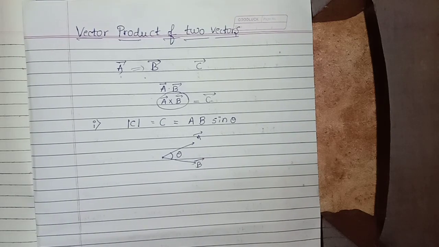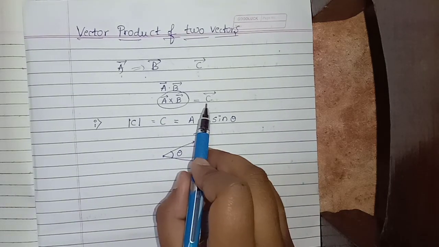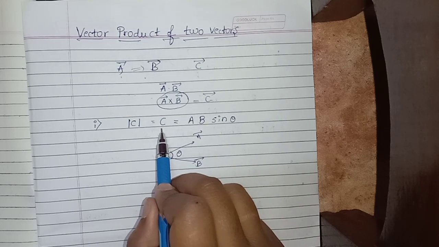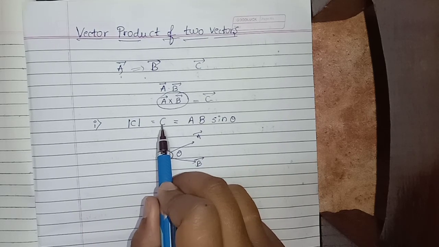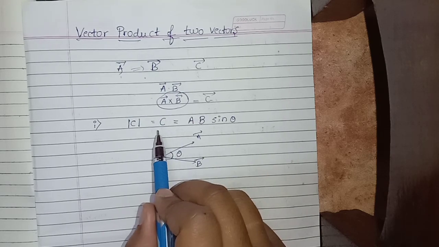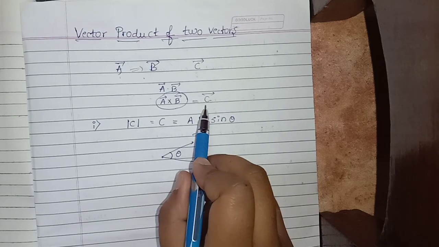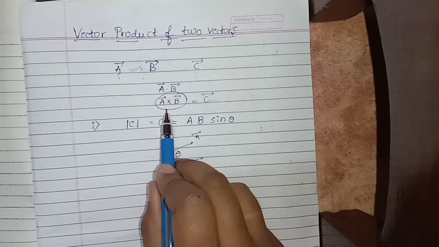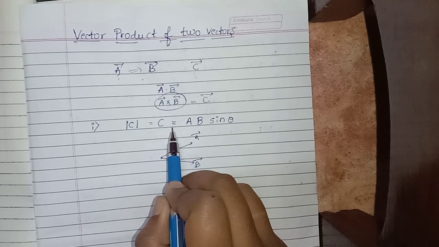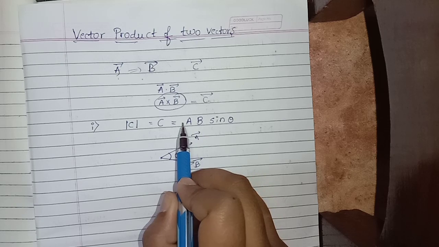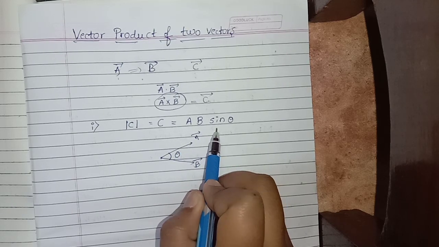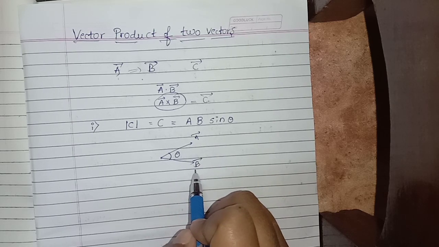They are asking only for the magnitude of C, not direction, hence I have written only C, A and B. So if C is the vector product of A and B, then the magnitude of C is equal to the product of the magnitudes of A and B and the sine of the angle between these two vectors.